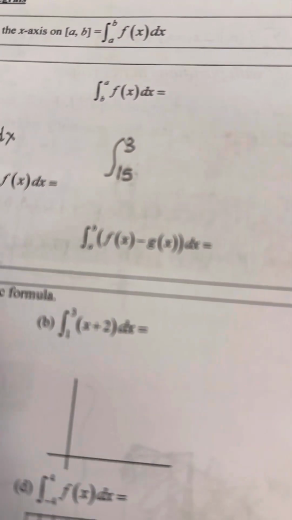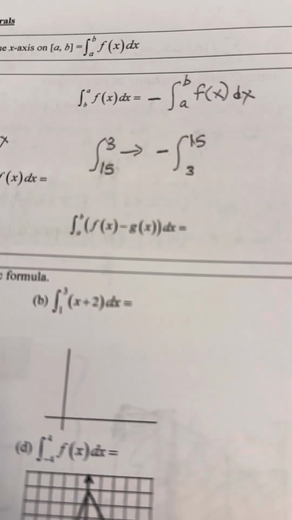That's not how you think from left to right. When you change it, you are allowed to move it around if you bring out a negative, so this would be how you change it. And that's what this property is saying, that if you reverse those numbers, you still do the integral the same way, but there's a negative value in it. Okay, so add that into your notes. Okay, all right, let's go on over here.